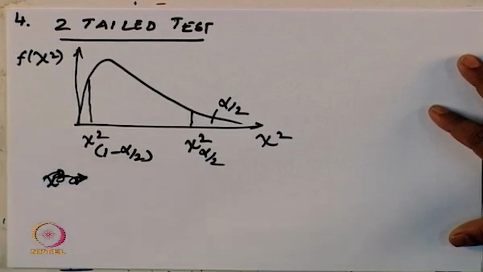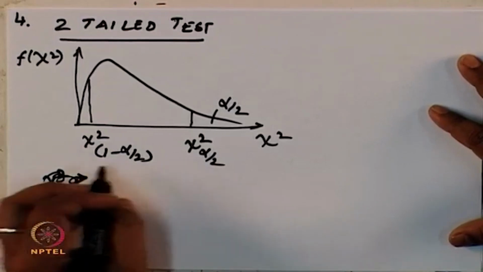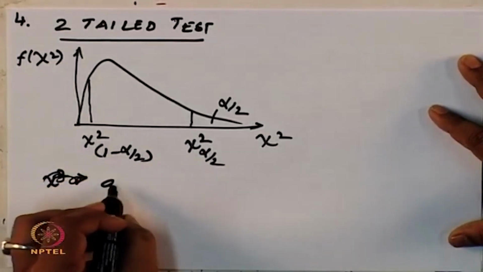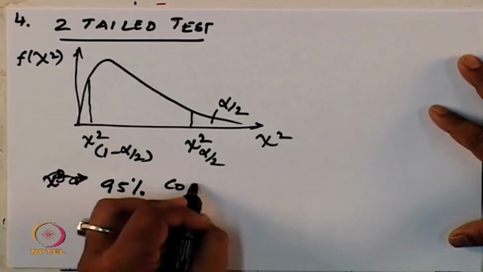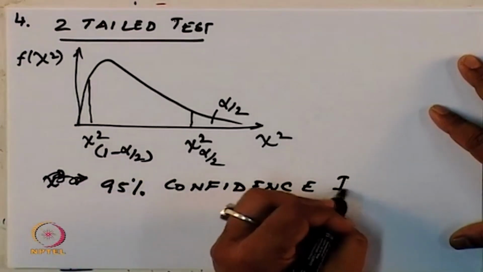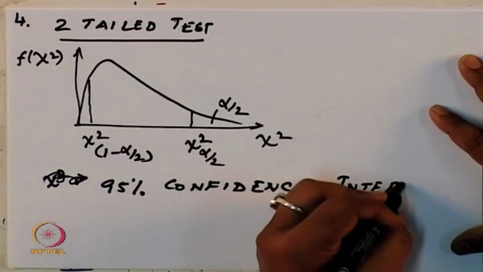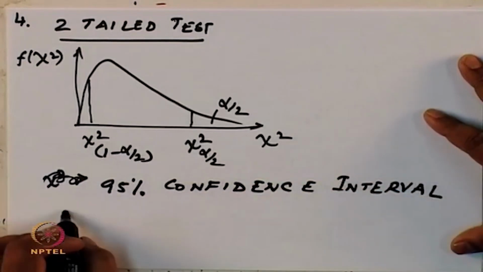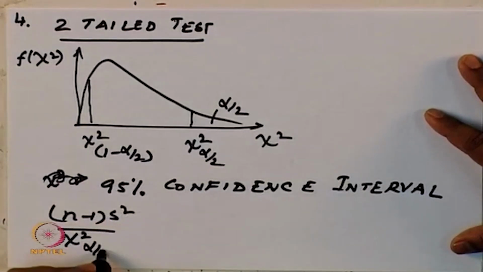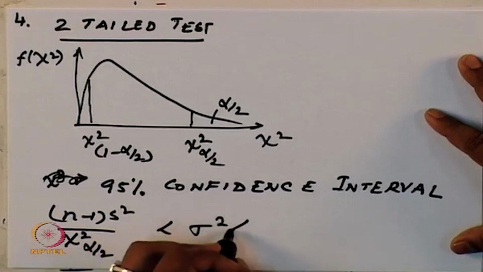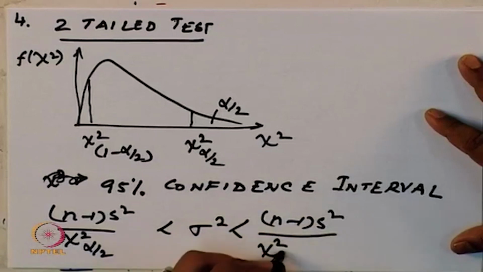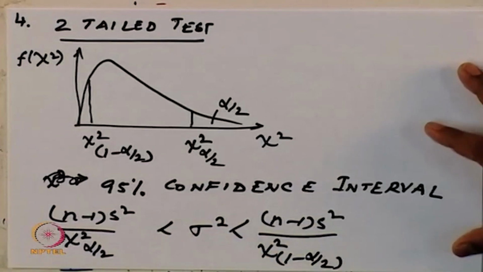Now the confidence interval for chi-square for a two-tailed test. Your 95% confidence interval is given by n minus 1 times s square divided by these values.